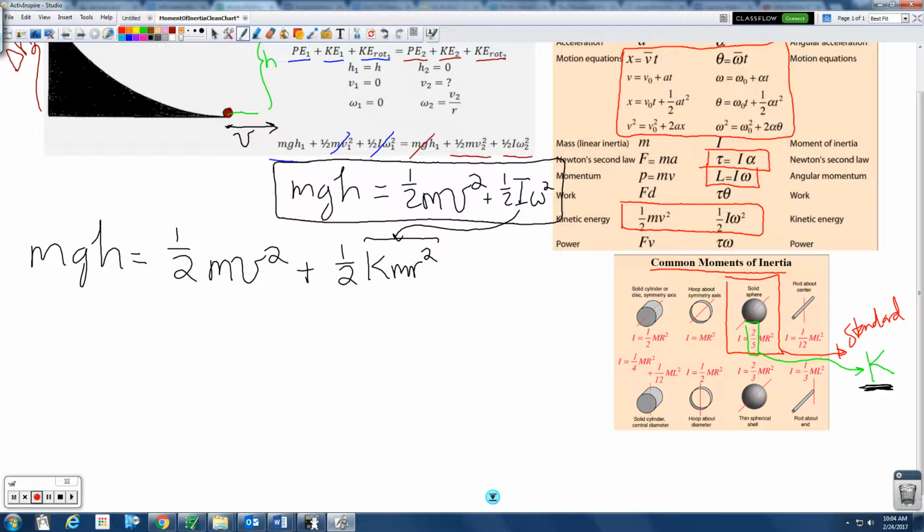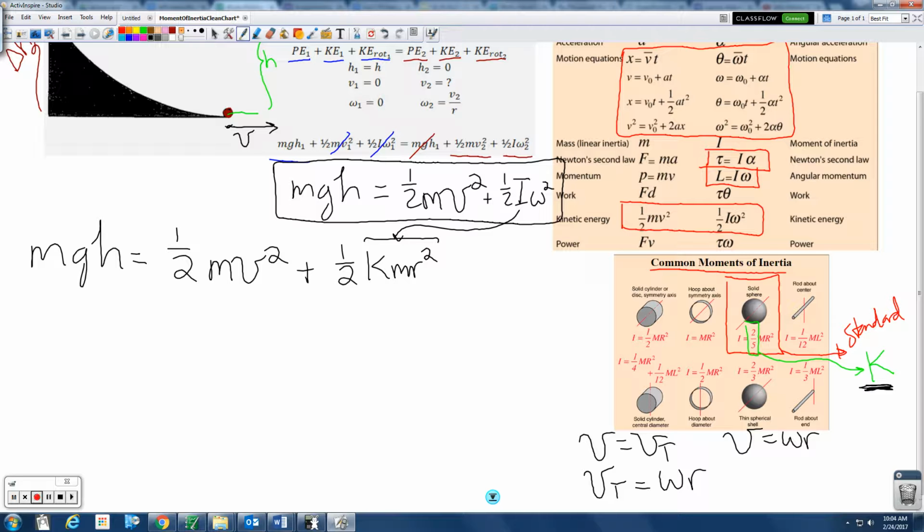My omega, we said for non-slipping rolling motion, linear speed v is equal to the tangential speed at the edge of the tire, or the sphere. And I know that vt is equal to omega r. That's one of my go-between equations. Therefore, v is equal to omega r. Linear speed v is equal to omega r.